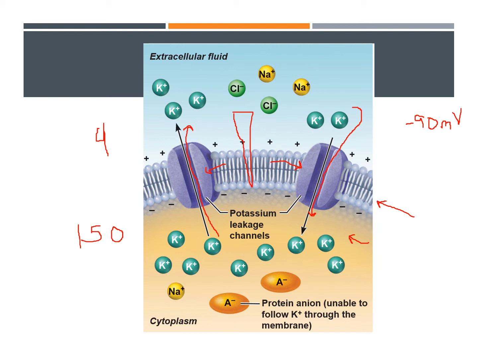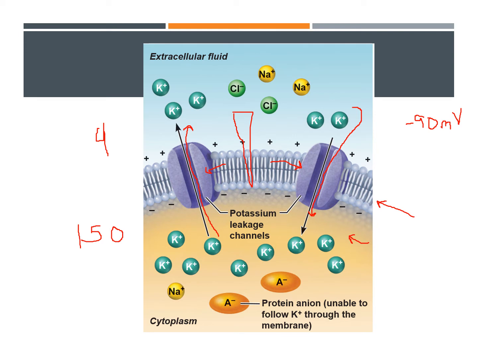This is the resting membrane potential for your muscle cell. So voltage just is a measurement of the electrical potential across the membrane. And the electrical potential comes from the movement, really the separation of ions across the membrane. And it changes as ions move across. For us to get 90 millivolts, we have to have the same rate of potassium leaving the cell as is entering the cell.